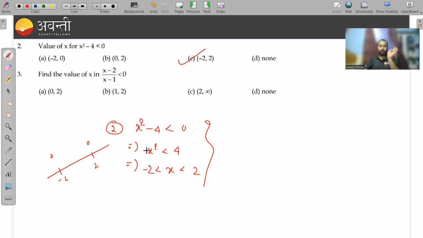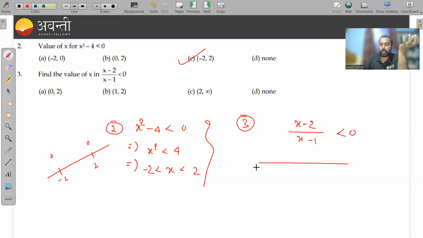Find the value of x in the interval where x minus 2 upon x minus 1 is less than 0. So how can we solve this inequality? This inequality will be solved by the number line. Suppose here I am drawing the number line. See, what are the critical points?